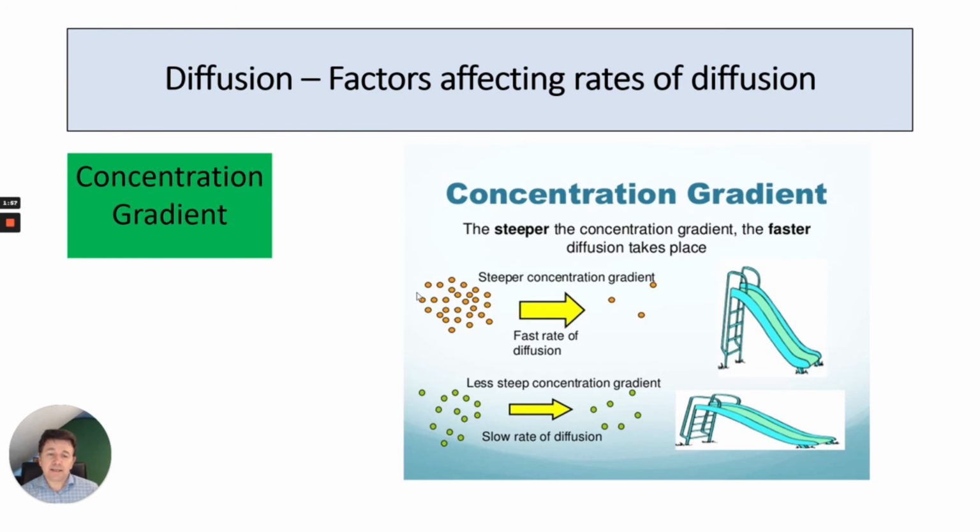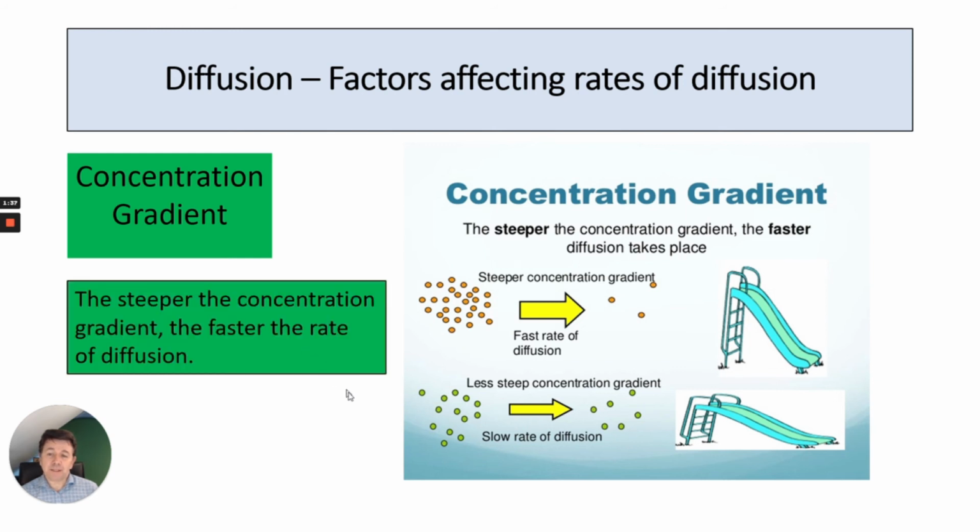So as you can see, if you've got a higher concentration and a very low concentration, there's a fast rate of diffusion. Whereas if you have a less steep concentration gradient, where you've got concentrations that are similar, there's a slower rate of diffusion. Still going from a higher to a lower concentration, but it is slower. But this is the key thing you need to remember. The steeper the concentration gradient, the faster the rate of diffusion.